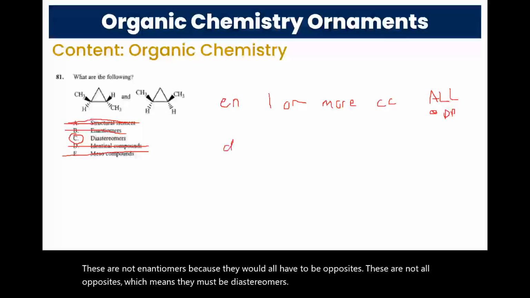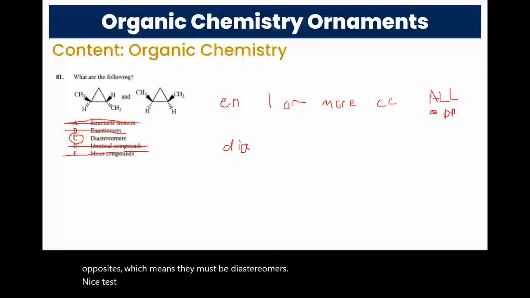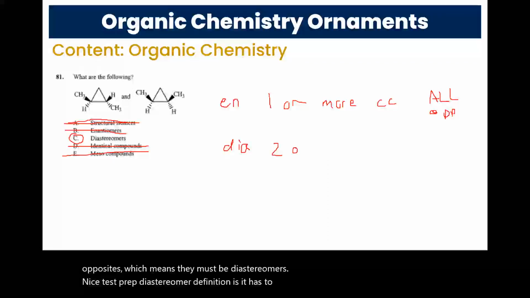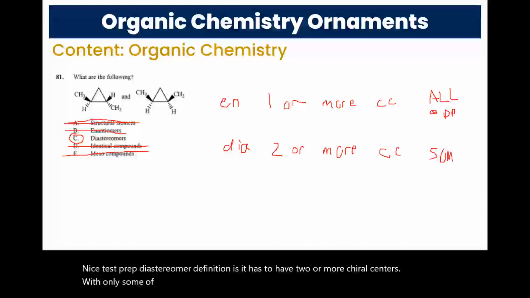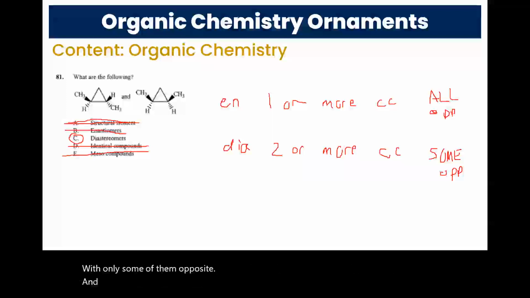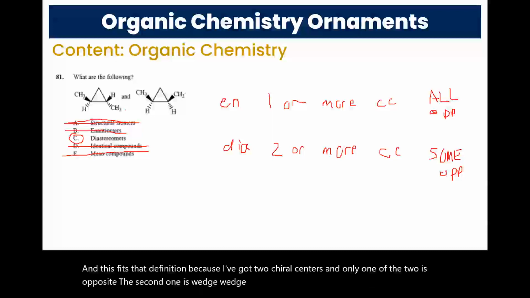A nice test prep diastereomer definition is it has to have two or more chiral centers with only some of them opposite. And this fits that definition because I've got two chiral centers and only one of the two is opposite. The second one is wedge methyl versus dash methyl, which is opposite. In fact, that's also the definition of epimers.